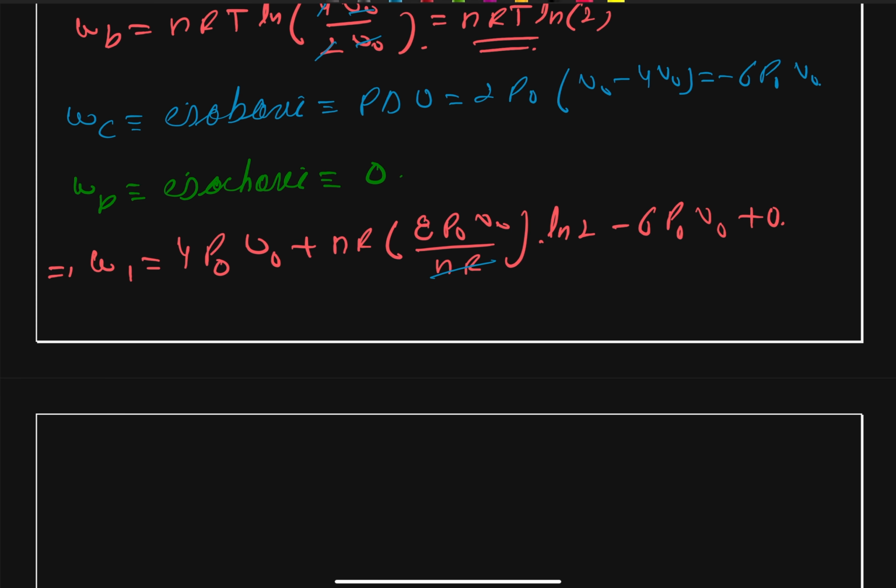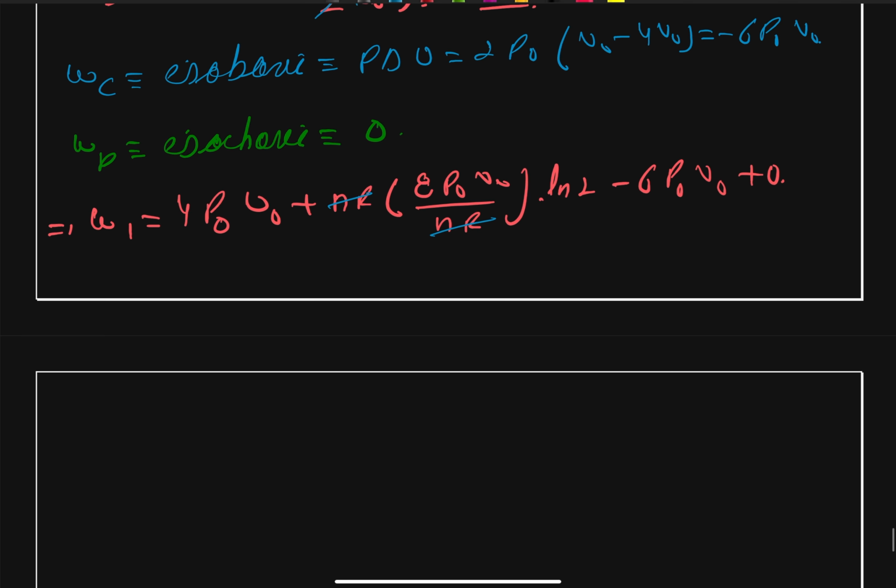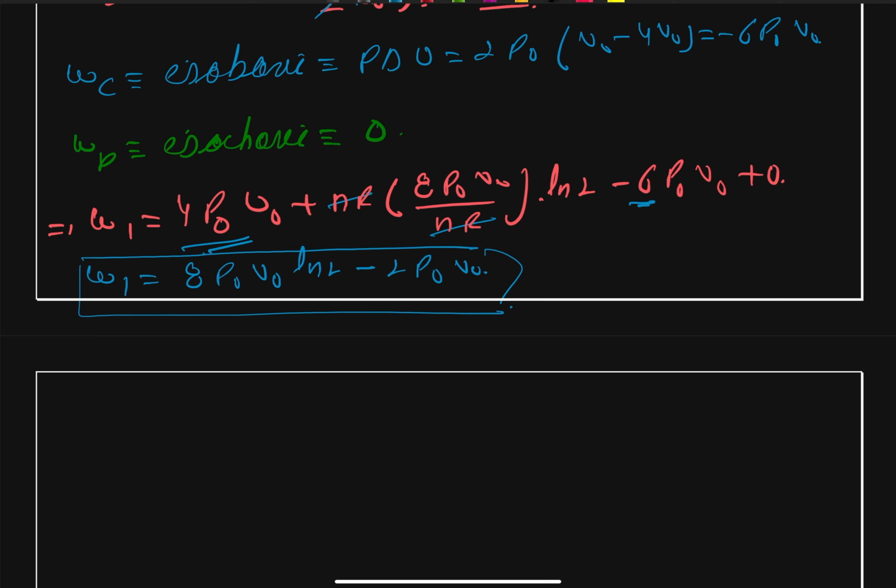So here this nR cancels out, therefore we get W1 equal to 4 P naught V naught and this is minus 6, so this comes as minus 2, so we get 8 P naught V naught natural log of 2 minus twice P naught V naught. So this is our W1.